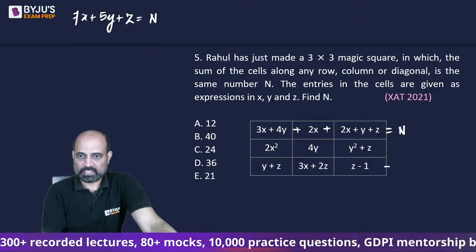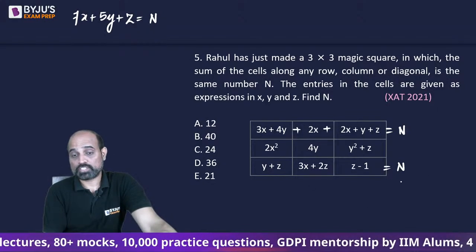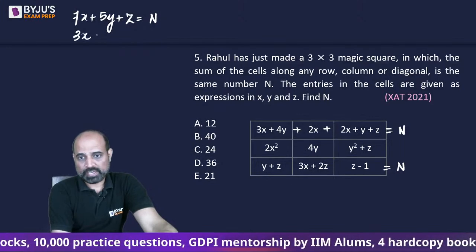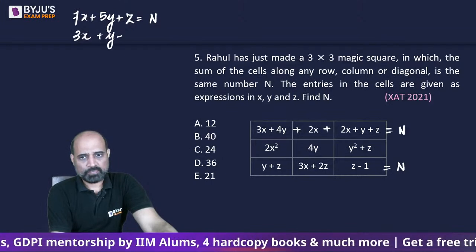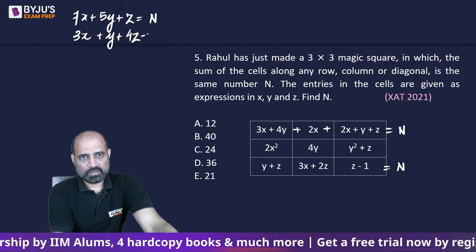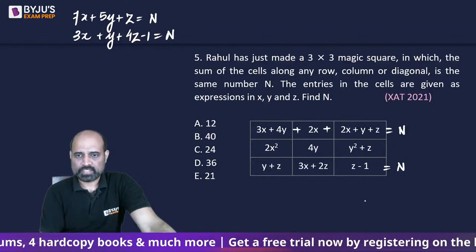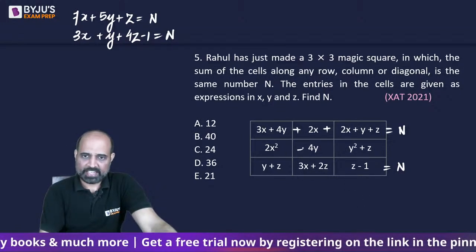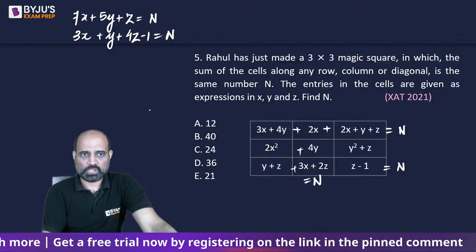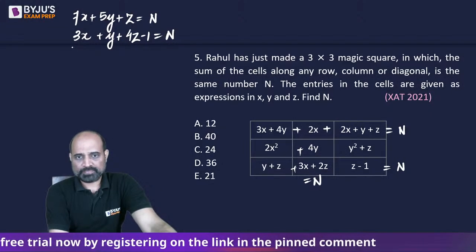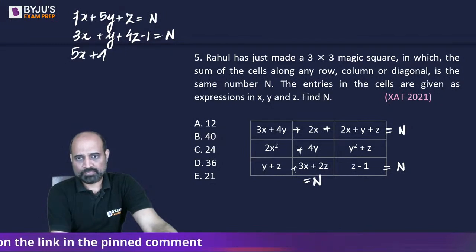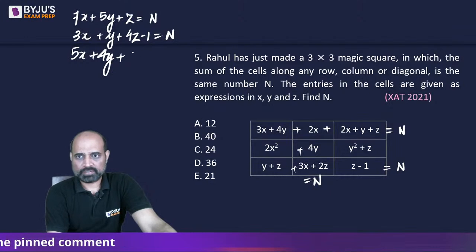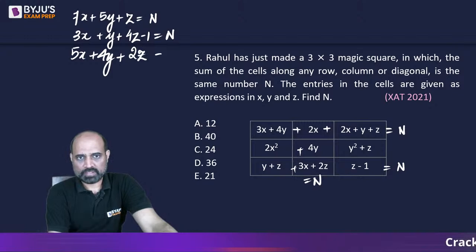Next, if we take the last row, we will get 3x plus y plus 4z minus 1 is equal to n. Okay. Next, if I take the second column, this is also equal to n, which will give me 5x plus 4y plus 2z is equal to n.